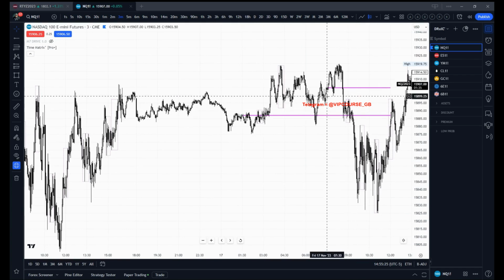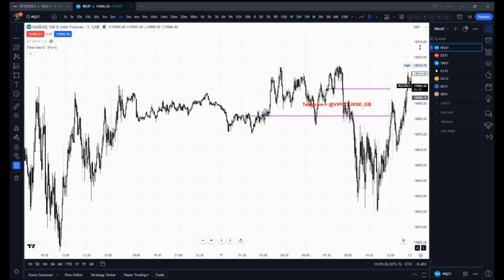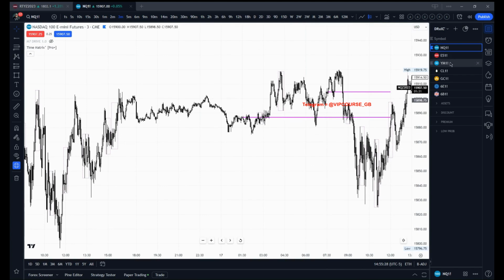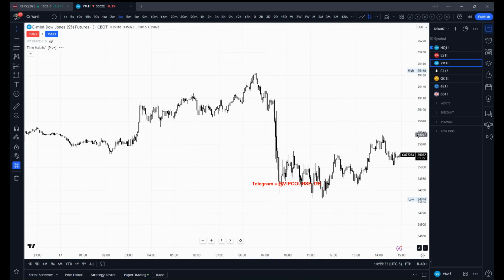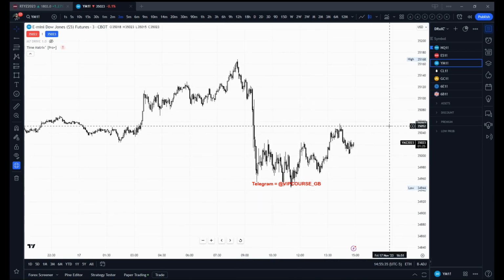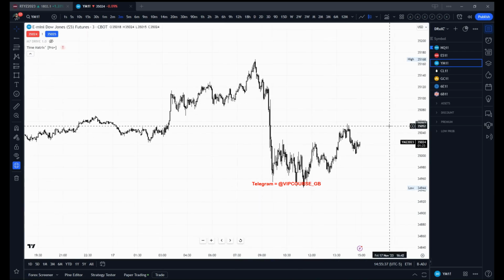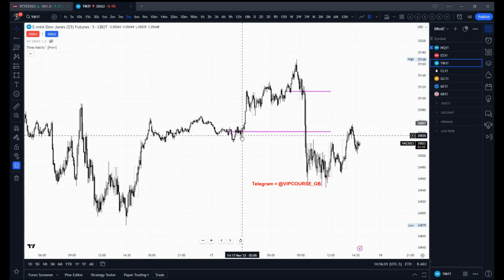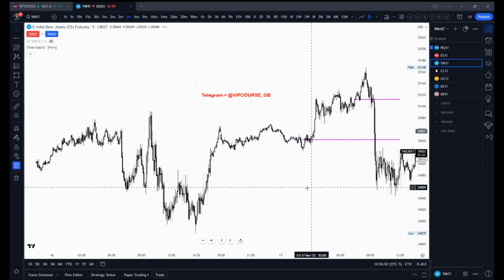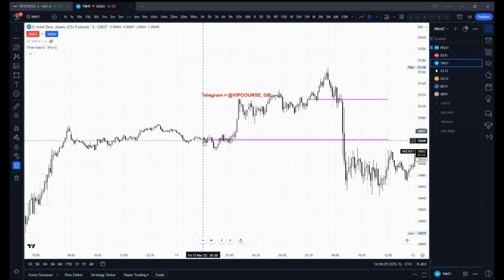The 130 price and the 730 price. Let's look at it on YM. Okay. So you're not trading at 130, you're trading off of the 130 price.